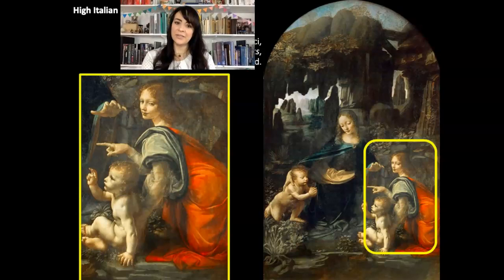What's that vocabulary word? Chiaroscuro. Yes. So this space, a grotto, would seem to be very dark, very full of shadow, but that's not the case here. Instead, each of the figures is properly lit. They're not too bright, they're not too dark. There's a balance of highlights, midtones, and shadows.